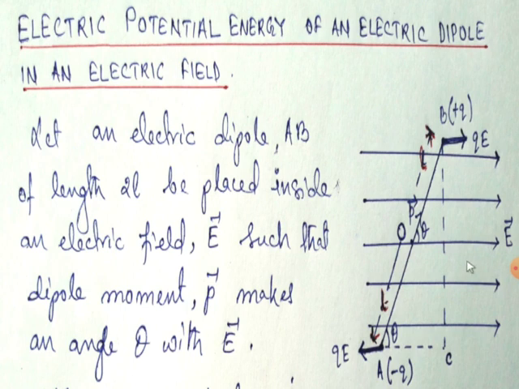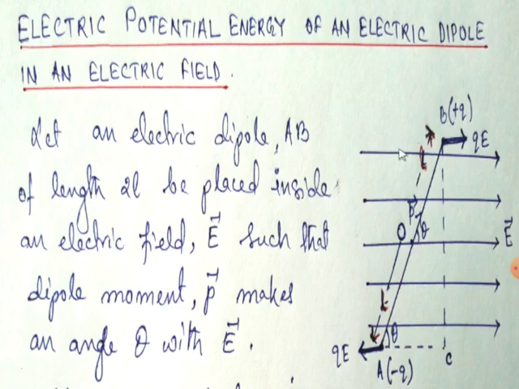Yes. Let an electric dipole AB be here. This is an electric dipole of length 2L, placed inside a uniform electric field E, such that the dipole moment P vector, from negative charge to positive charge, is making an angle theta with the electric field E. Got it?